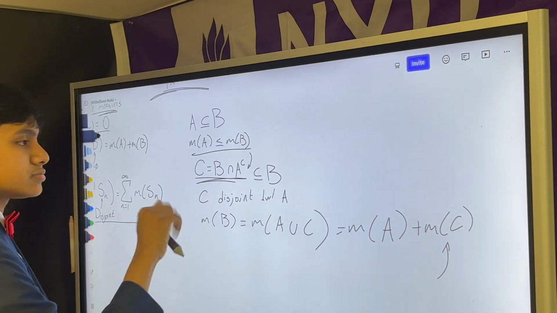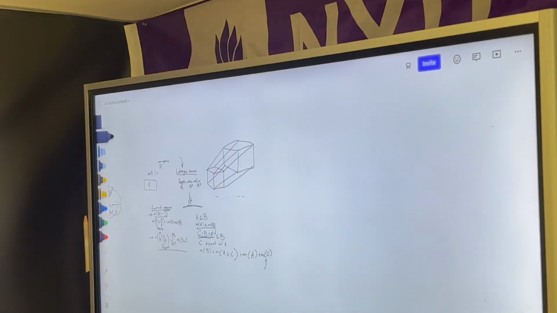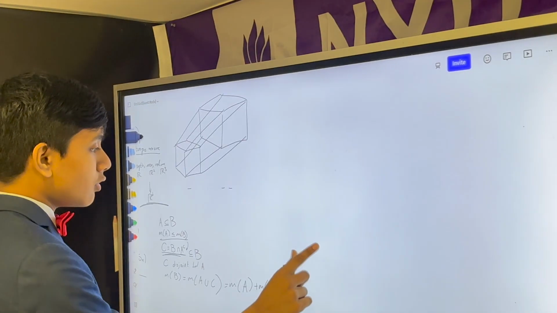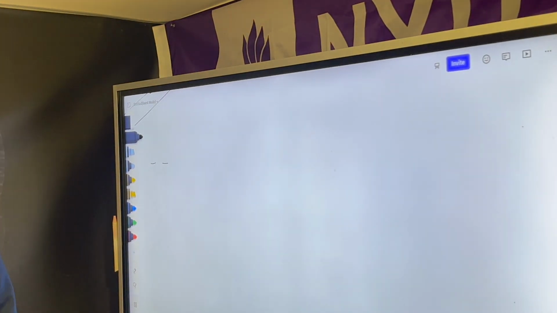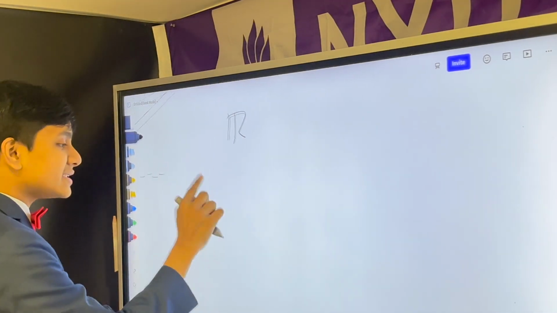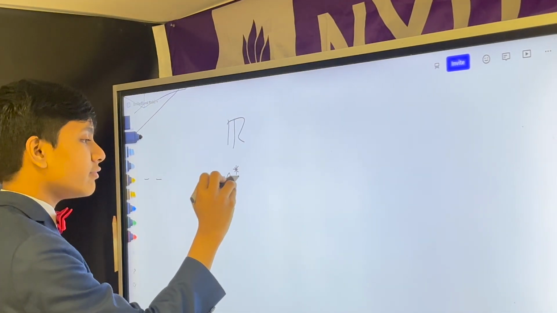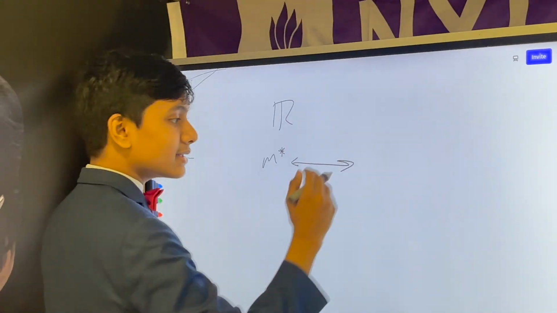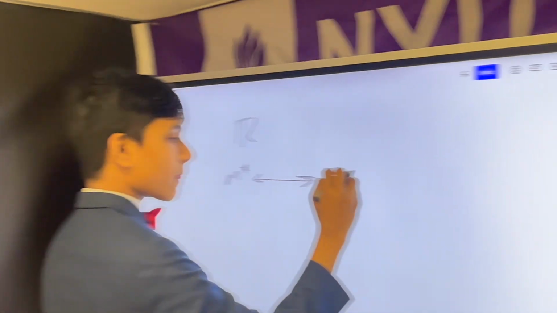Hence this. Okay, so now let's talk about the Lebesgue measure. We're going to get to it in only one dimension today, R, which means that the Lebesgue measure is going to be equivalent. So we're now formally defining length, right?